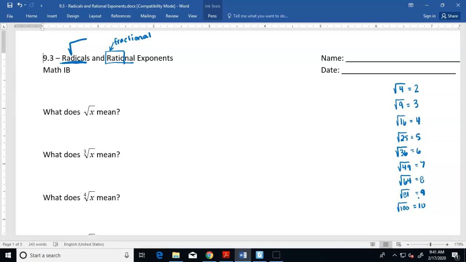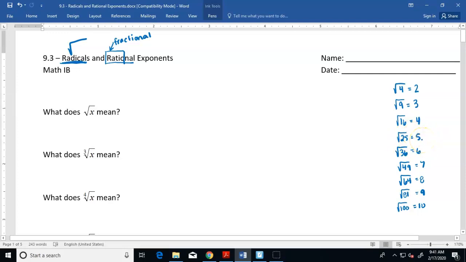When you think about a square root, we're asking ourselves what number times itself equals 4. So when we do the square root of 4, the answer is 2 because 2 times 2 is 4. And when we do the square root of 25, we're thinking what number times itself gives us 25. 5 times 5 gives you 25, so 5 is the answer.